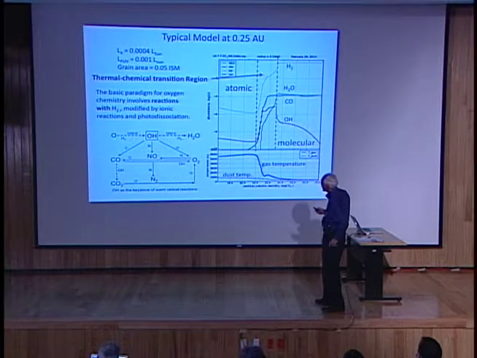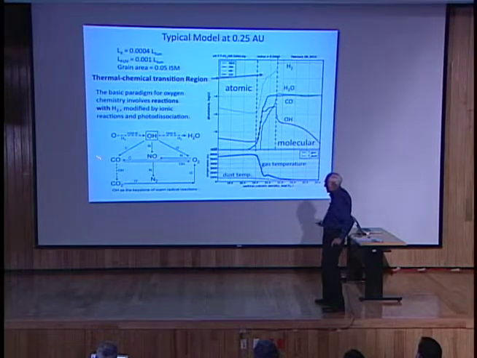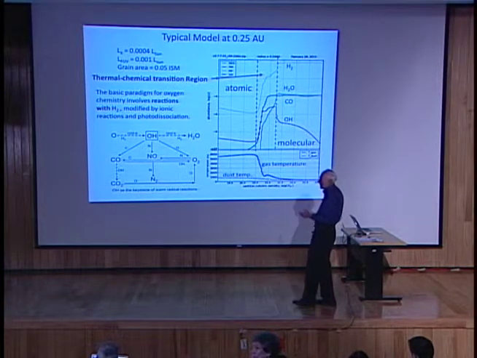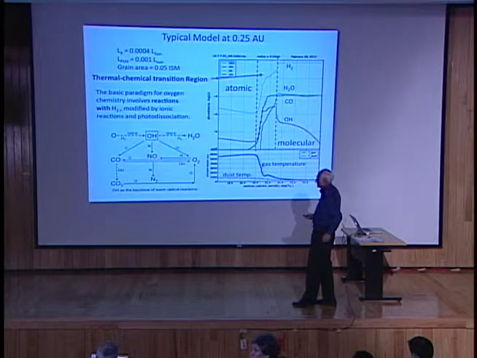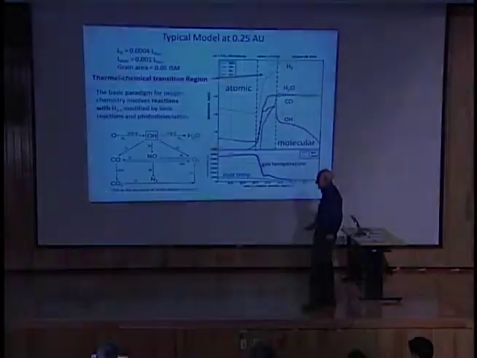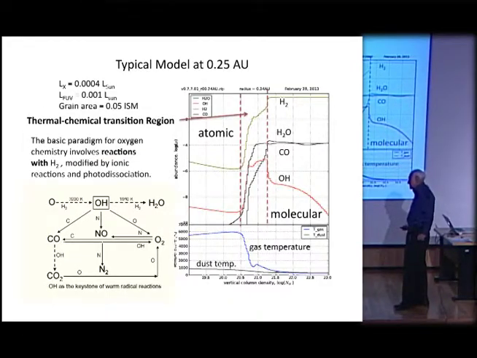But before I go on, I want to just emphasize what the basic root of this kind of model, in addition to the radiation effects, is: the chemistry. And what I have here is a diagram. OH is the keystone of warm radical reactions.